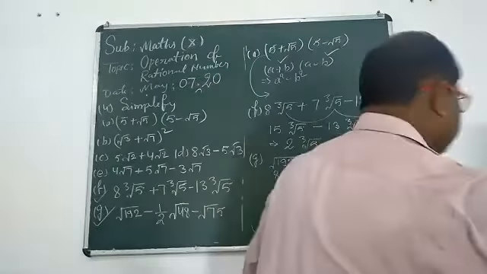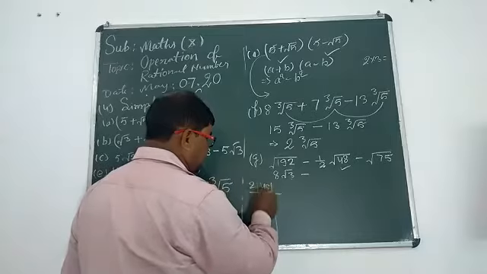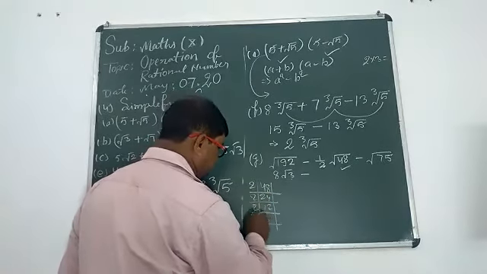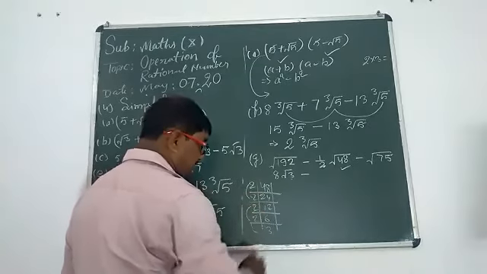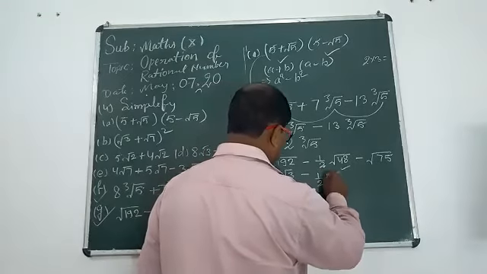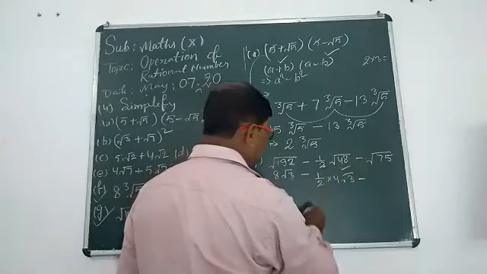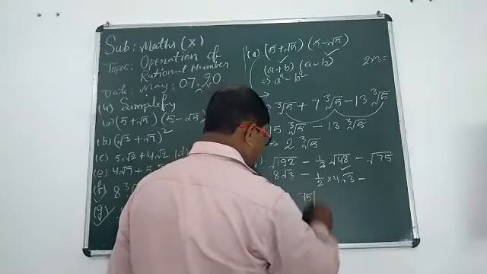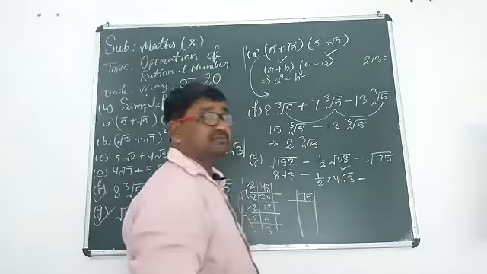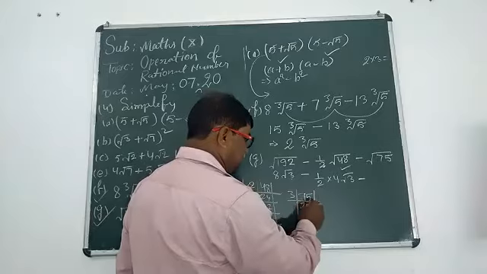Similarly, student, the prime factor of 48. 224, 212, 26, 23, double pair, 2 2 is 4, 4 under root 3, 1 upon 2 multiply 4 under root 3 minus, same in 75. So find the prime factor of 75. Can you divide it by 3? 25 3 is 75.